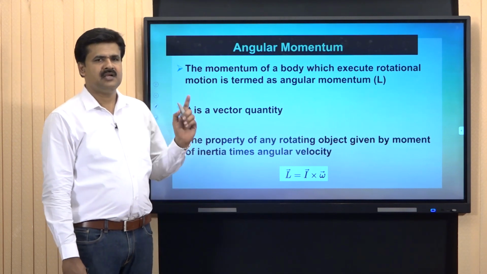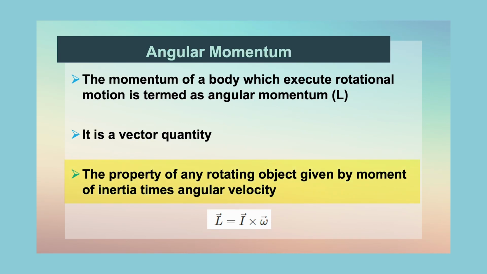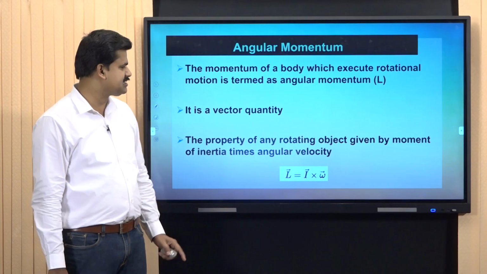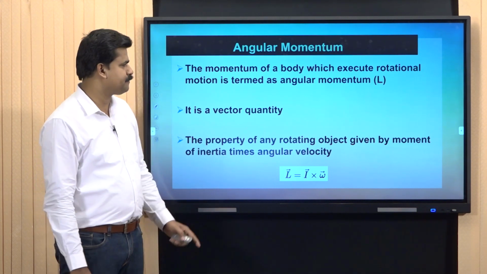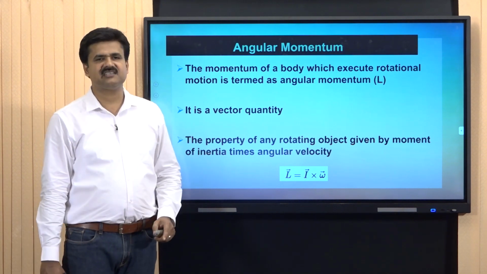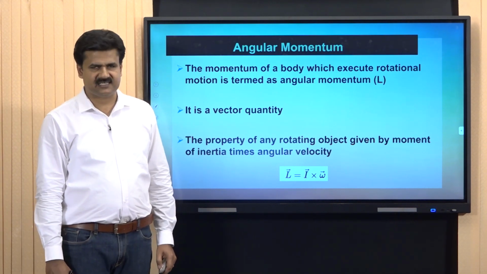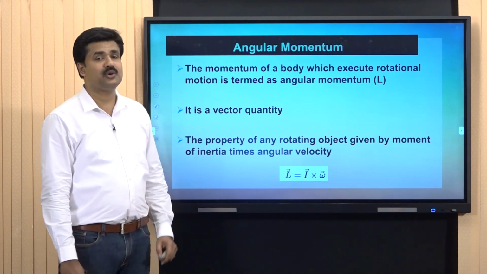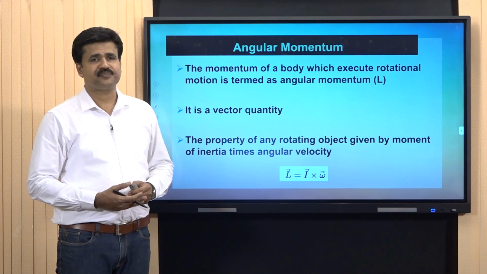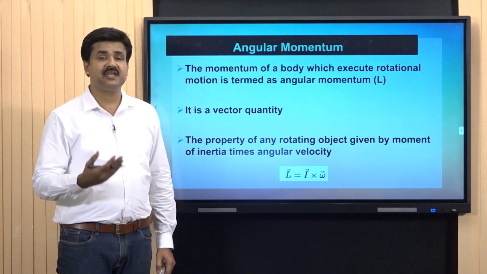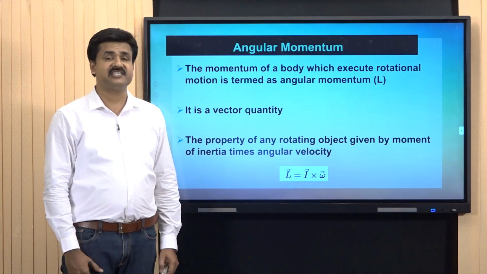That is, the property of any rotating object given by moment of inertia times angular velocity is the angular momentum, or simply L is equal to I omega. Hence, on consolidation, angular momentum is the momentum of a body that executes rotational motion.